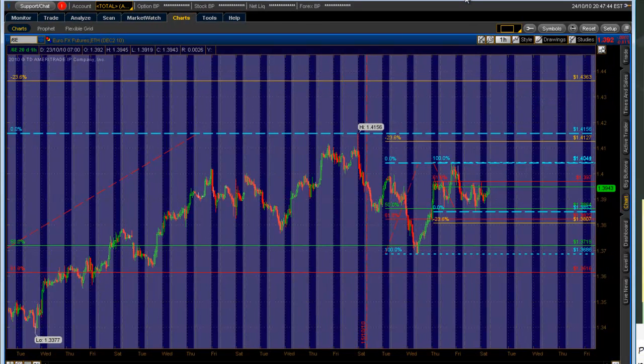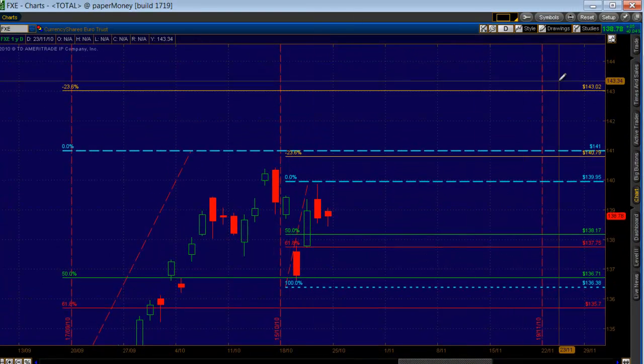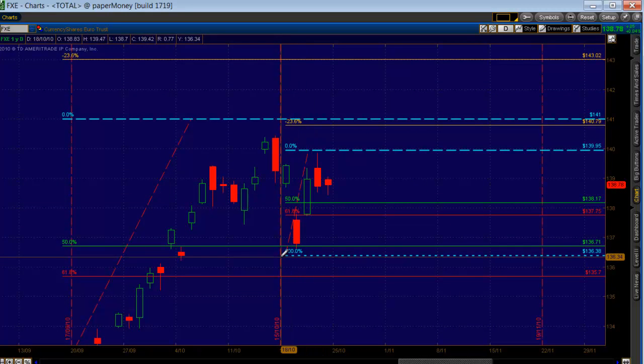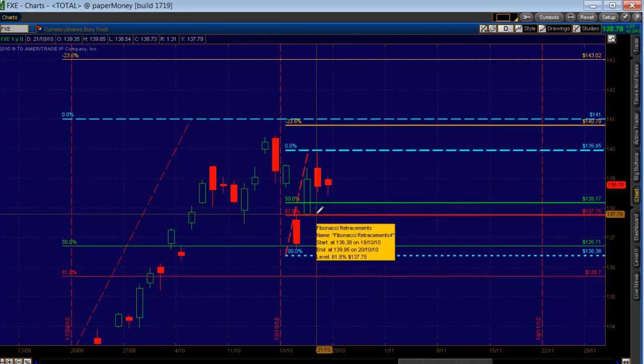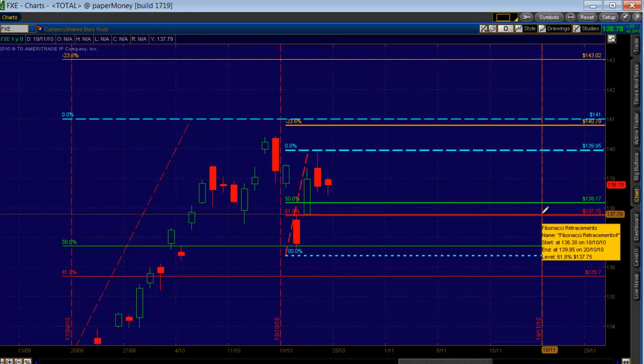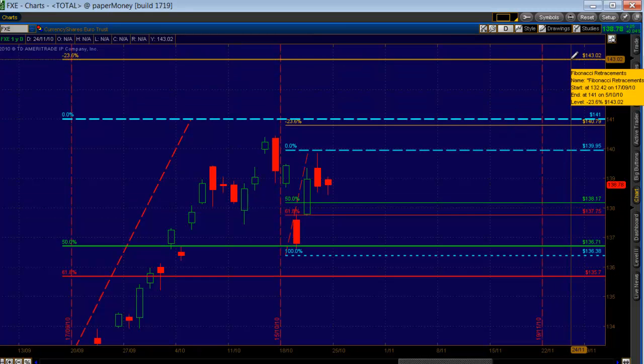So being options traders, if we head to just a chart of the equivalent FXE, I have drawn up the equivalent targets there where our shorter term long and our longer term long trend means that we have basically a 137.75 stop with a 143.02 target.